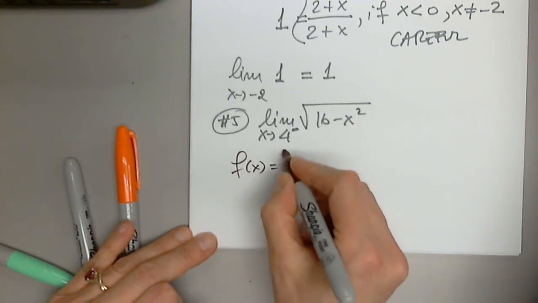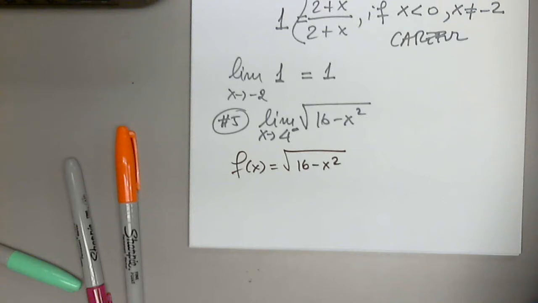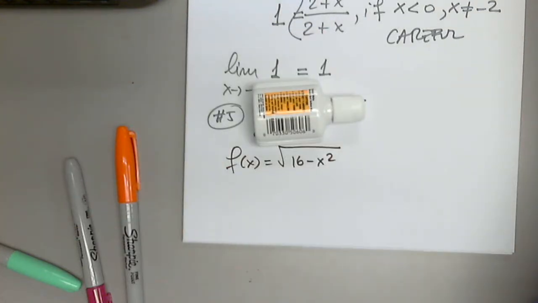So let's say, disregard the limit for a moment. That doesn't even exist. So I'm given this function, and I am asked to find its domain. Okay, so what do I have to write in order to find the domain of such a function?